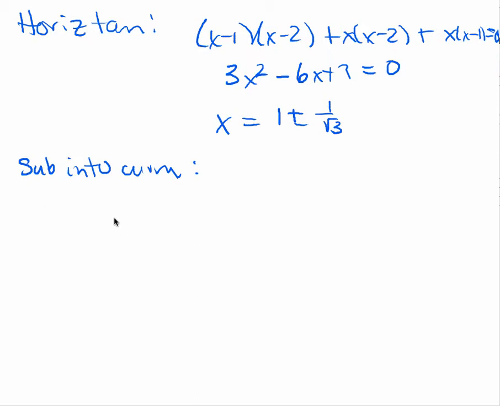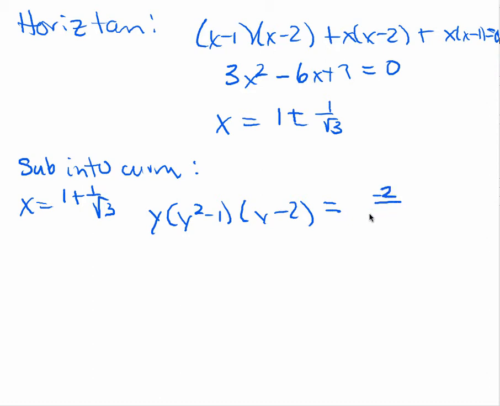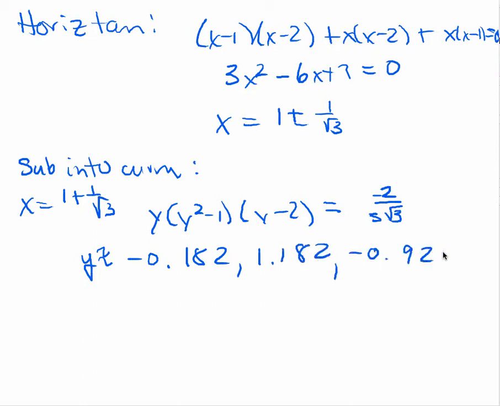And so we wind up needing, for x equals 1 plus 1 over root 3, we're looking at y times y squared minus 1 times y minus 2 equals minus 2 over 3 root 3, and that gets us that y is approximately minus 0.182, 1.182, minus 0.926, and 1.926.